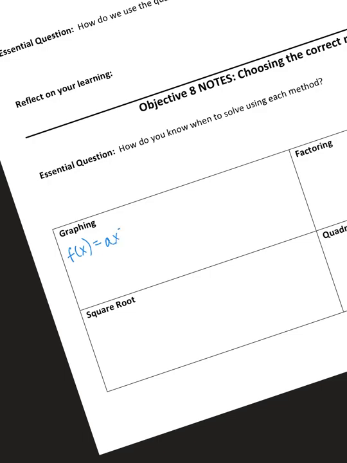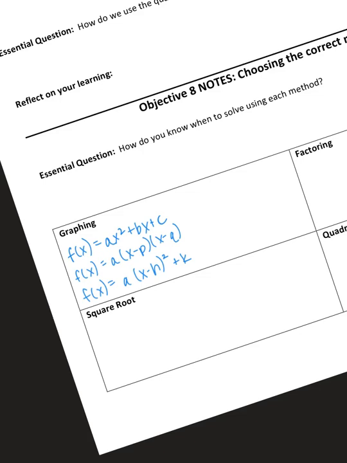There's standard form, so ax squared plus bx plus c. There is intercept form or factored form, a times x minus p times x minus q. And there is vertex form. Okay, and so the forms look like this, where you have numbers plugged in for the variables except for x and f of x or y.